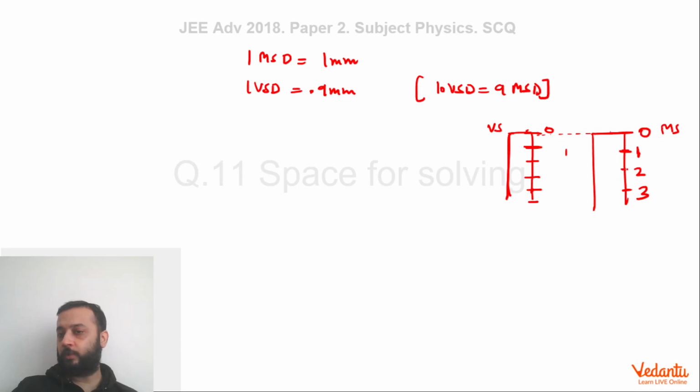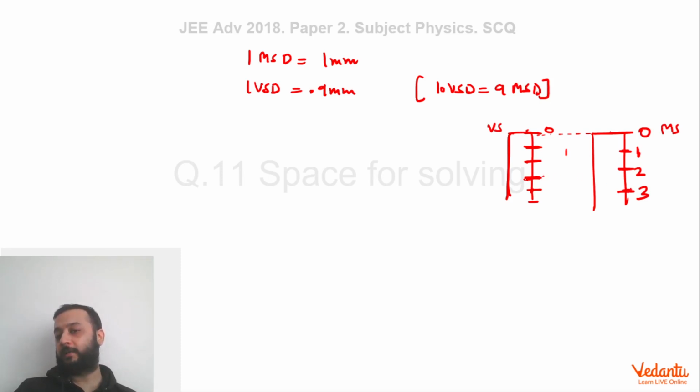So we can say that 2 mm was 0.2 mm below this division, right? Similarly this 3 mm was 0.3 below this third division. So basically what is going to happen? When this vernier scale goes down by 0.3 mm, these two readings will coincide. It is very easy to see.